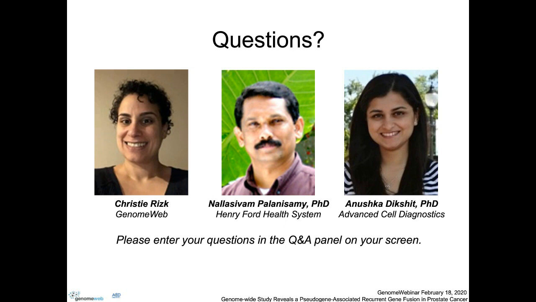And for the detection of pseudogene fusions, in your experience, does the next generation sequencing software pipeline need to be trained to look for the pseudogenes and then to call them? Yes, I think the next generation sequencing technology, as I showed you in the first slide, offers several advantages.